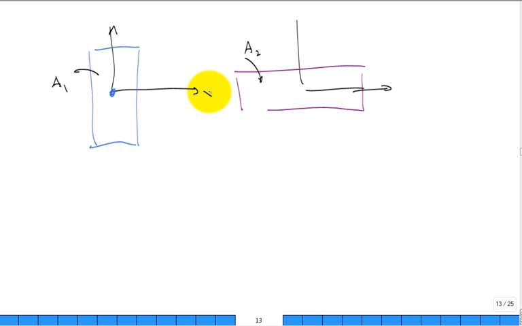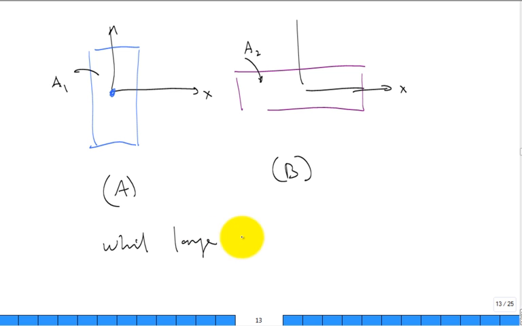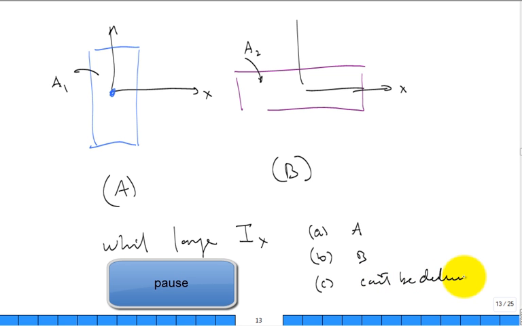This is our x-axis. So is it answer A or answer B, which has a larger I sub x? What is Ix? Ix is the area moment of inertia with respect to what axis? The x-axis, isn't it? So is it either A or B or can't be determined? Can't be determined.